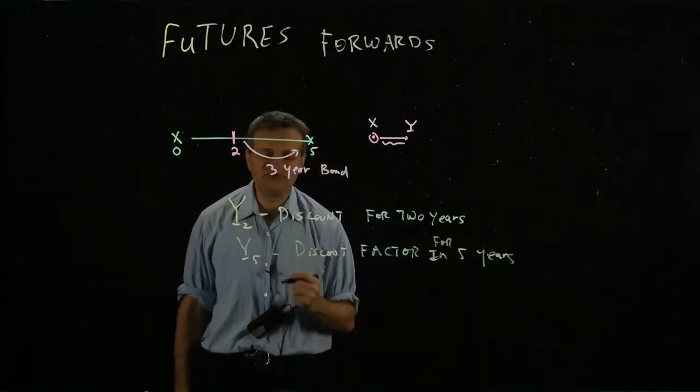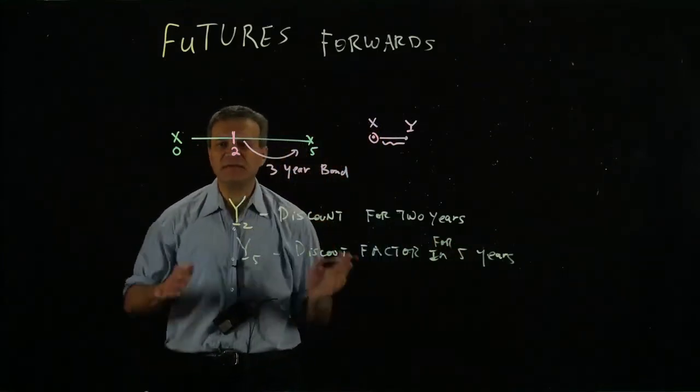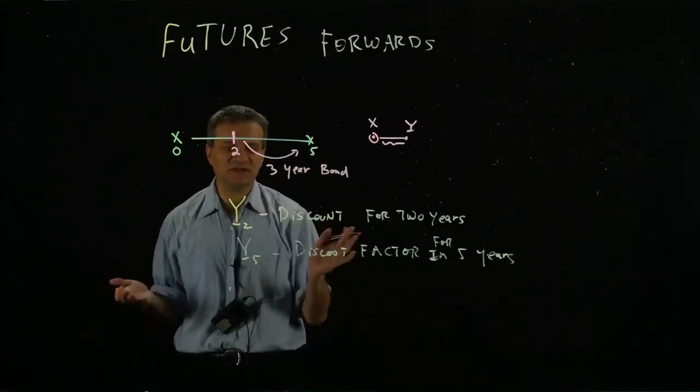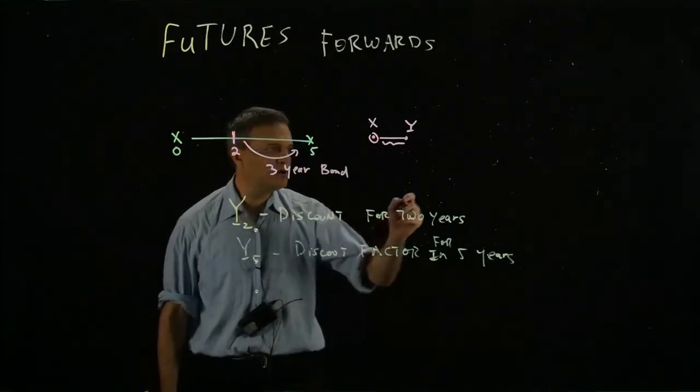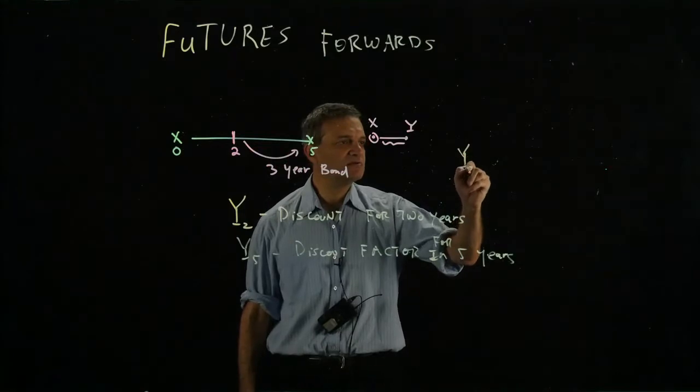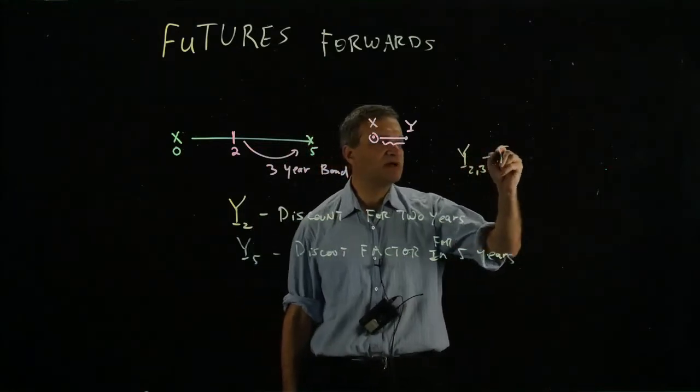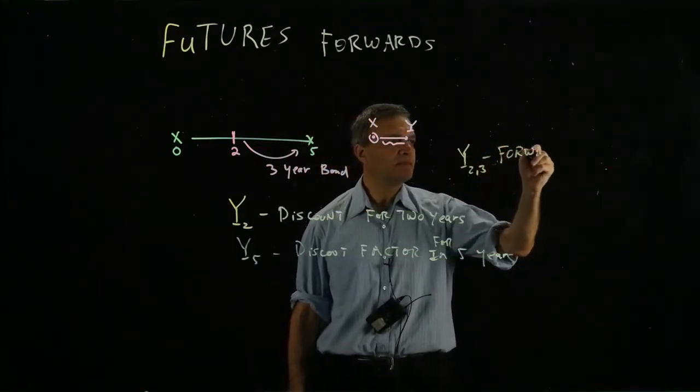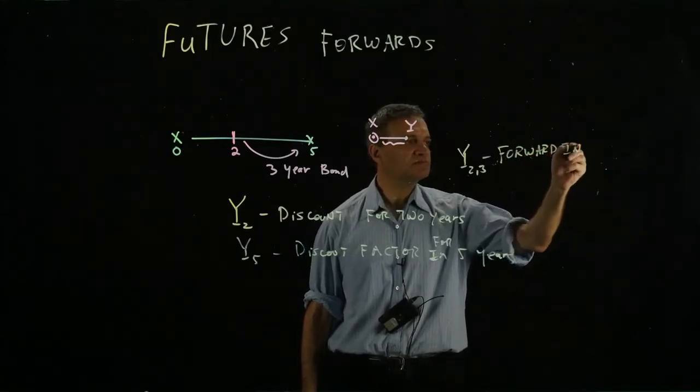And what you want to find is this guy. So there are many ways to skin this cat. I'm going to say that this is Y23, so basically the forward price in 3 years.